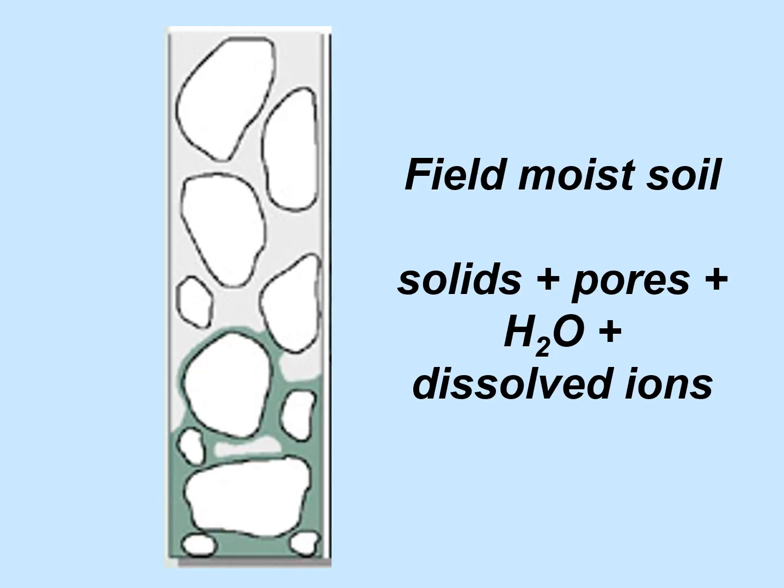If we take a look at a column of soil, and we say that these black-shaped substances are our soil particles, and this green stuff right there represents our solution, or the water that we find in between the soil particles. We know that our nutrients and our elements are going to be associated with the solid soil particles, and they're also going to be found in the pores, dissolved in that water.